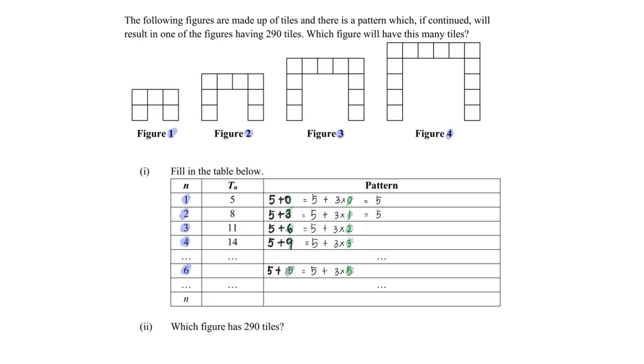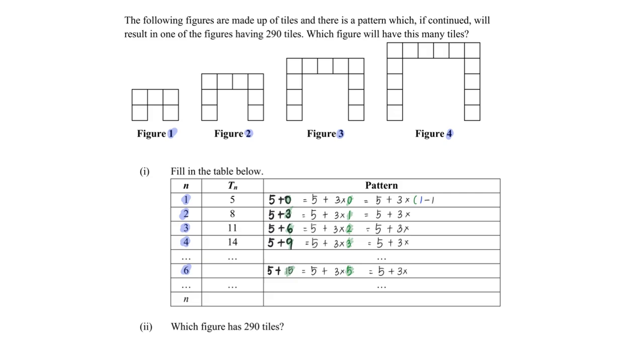Again, the 5 is a constant. We always start with the 5, and we always add 3 times something. So for this 0, instead of writing 0, I'm going to write it as 1 minus 1, because the position n is 1.